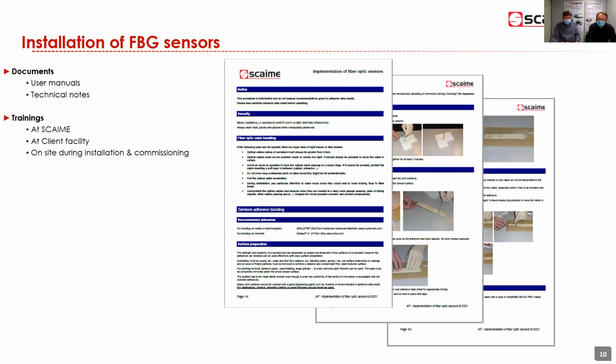This is an example for bonding, but we have the same for welding sensors and for long base sensors. We have them on the website, I think. Yes, or otherwise we can provide them very easily. It's a document that can be downloaded from the website, or in the worst case, we can send it to you if you don't manage to download it.